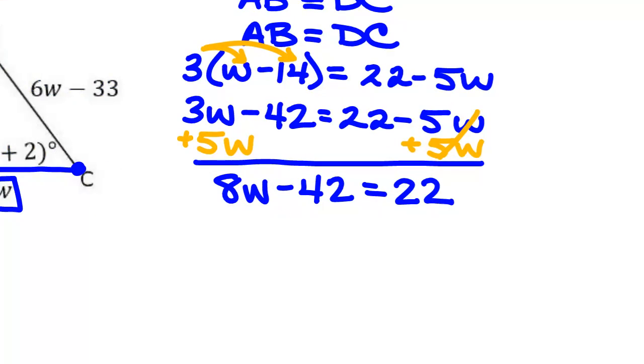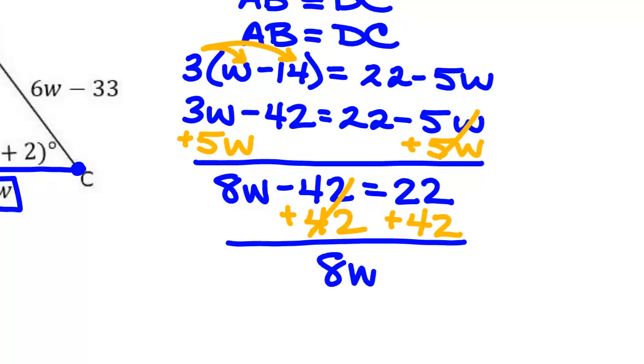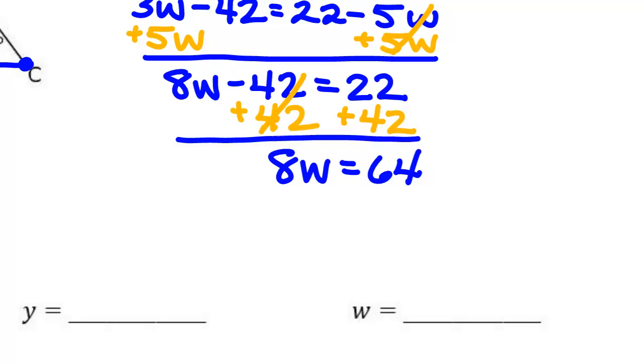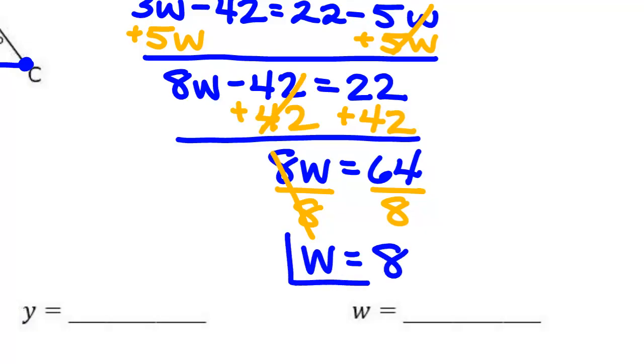Then I get my constants to the same side, so I'm going to add 42 to both sides. 8W equals 64. And then we're going to divide both sides by 8. What is 64 divided by 8? 8. So W is 8.